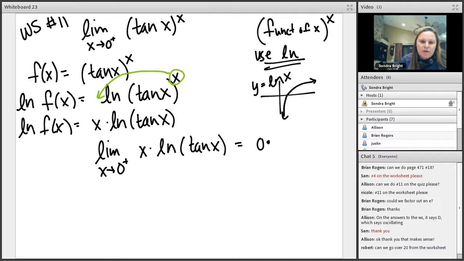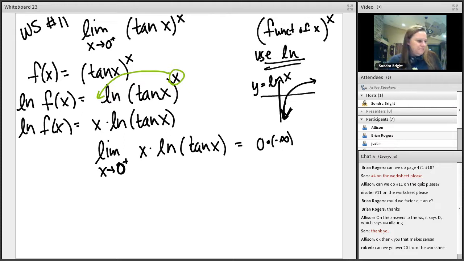And so you're looking at the natural log of tangent of x, but as x goes to 0, tangent of 0 is 0. And so you're looking at the limit as x goes to 0 of the natural log of 0, and here's when x is 0. So it's a negative infinity. So you've got a 0 times negative infinity.